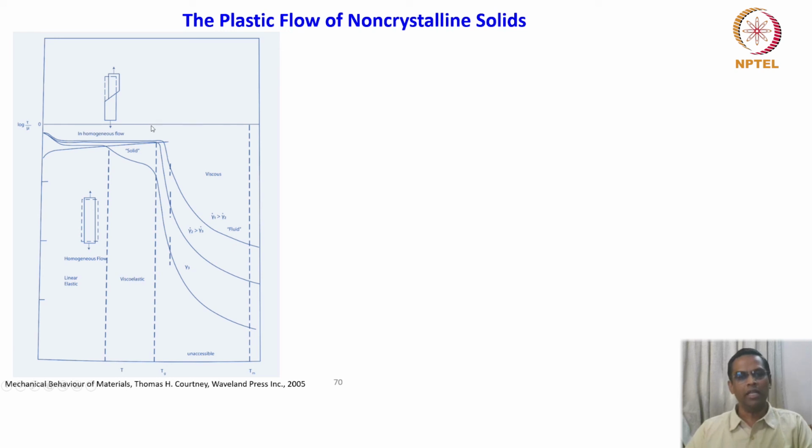So how do we understand inhomogeneous flow in a non-crystalline material? This plot is drawn for a typical metallic glass. Metallic glass is a non-crystalline amorphous metal. We will try to see what each boundary describes.